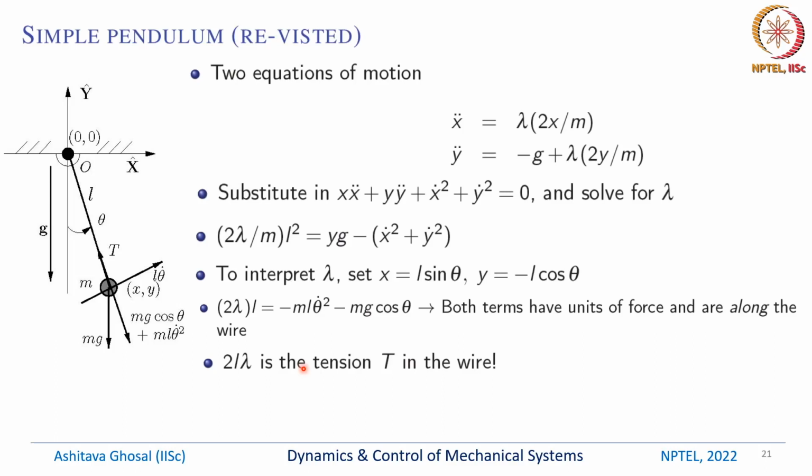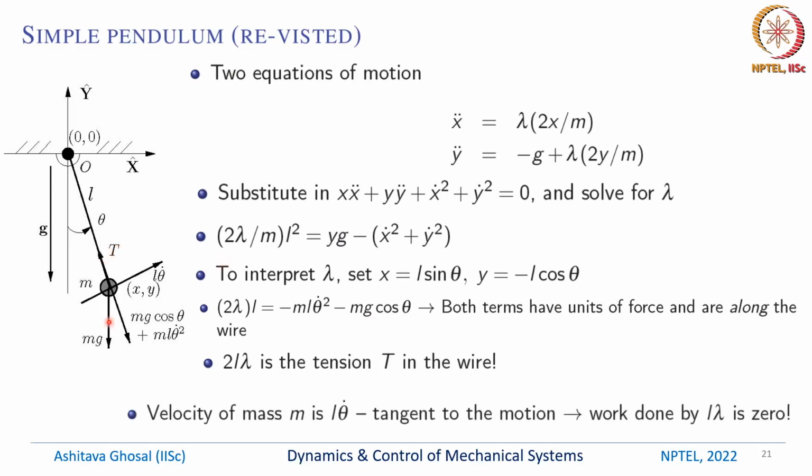Due to that constraint, just by following the Lagrangian formulation, we can find an expression for the Lagrange multiplier, and that Lagrange multiplier is related to the constraint forces. In this case, there is a nice interpretation of what exactly the constraint force is. It is nothing but the tension in the wire.